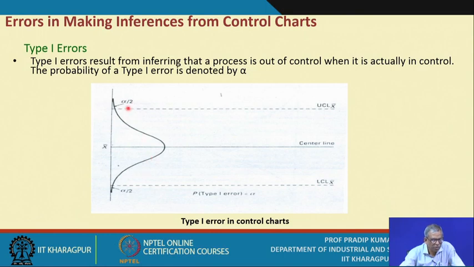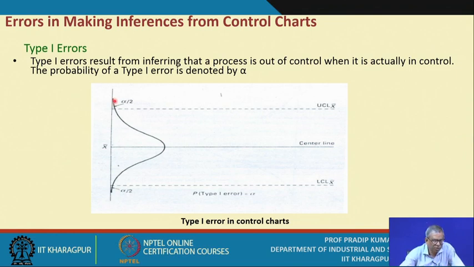Now, you have plotted several values, and when the process is actually in control, they show a normal distribution. Out of all these values you have plotted, what you find is that certain values are beyond the upper control limit, whereas certain other values are beyond the lower control limit.